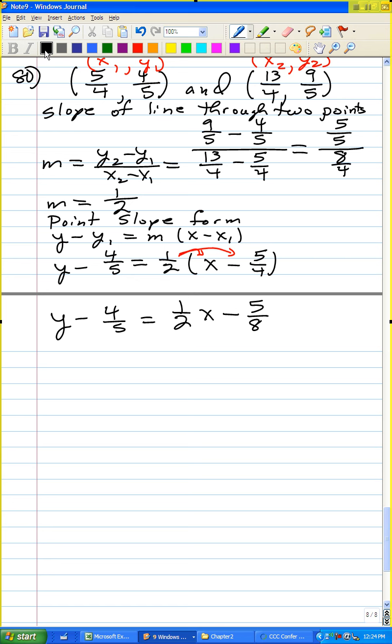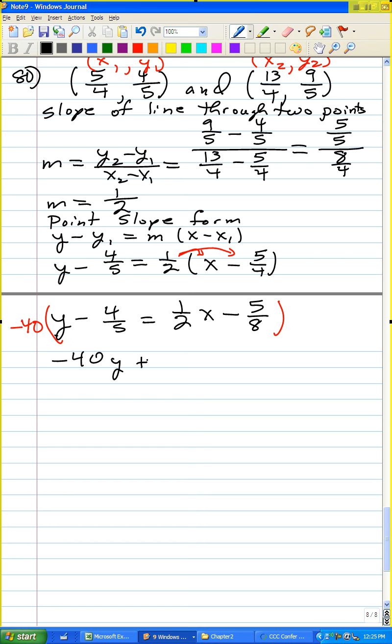Let me multiply both sides of my equation by, oops, let's multiply by, ooh, that's going to be a 5 and a 4. Let's do it by negative 40. And so I get negative 40y.